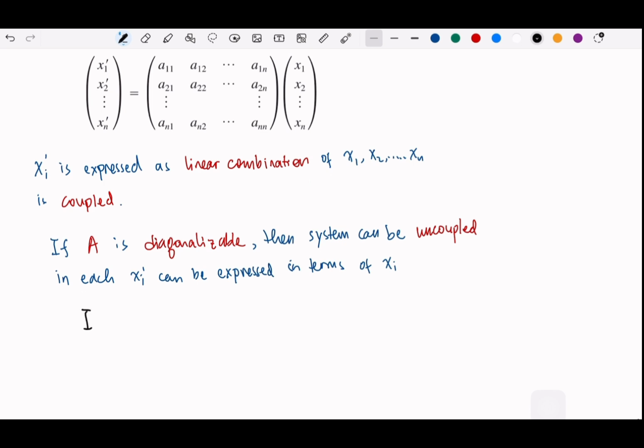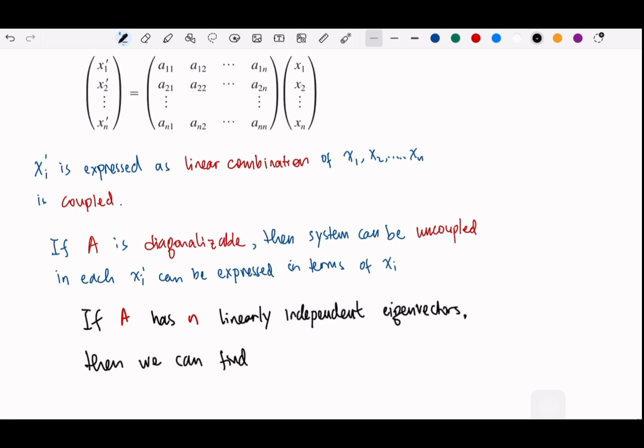Okay, if A has n linearly independent eigenvectors, then we can find, basically the same as previously mentioned, the P, so that P inverse multiplied with A multiplied with P is equal to D, where D is a diagonal matrix.